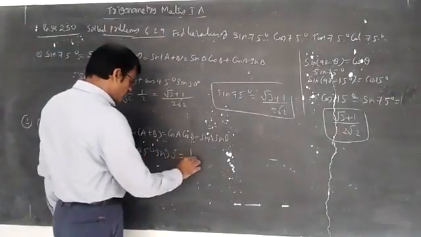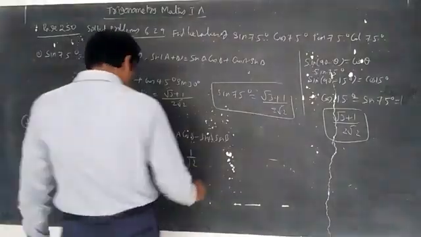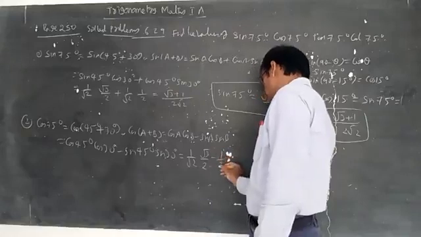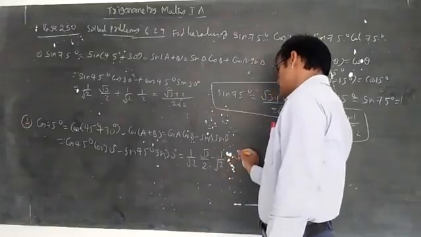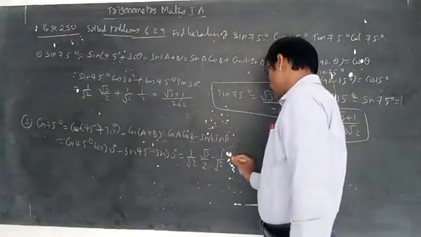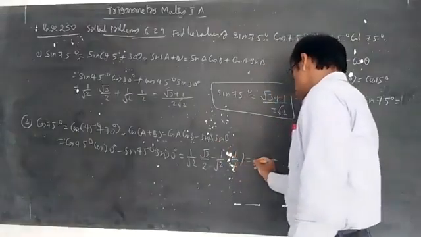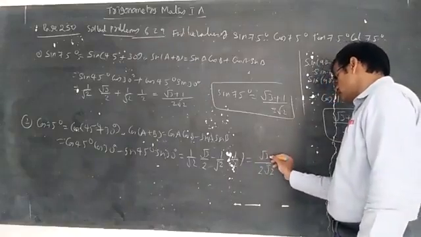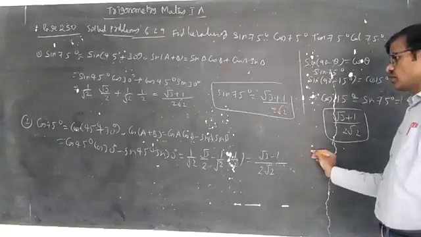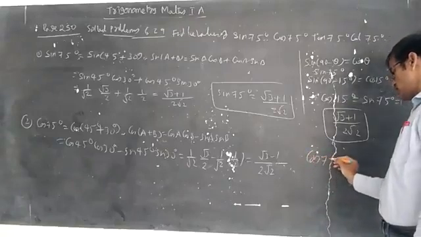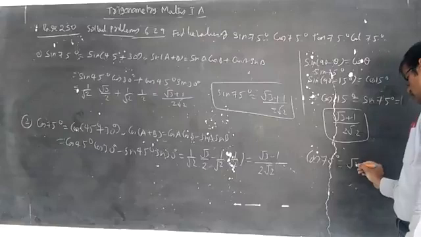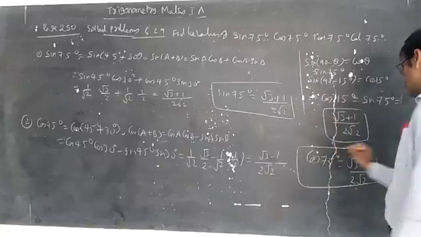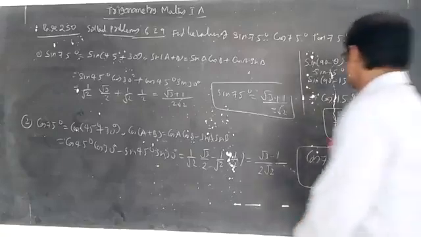Cos 45 value is 1 by root 2, cos 30 value is root 3 by 2, minus sin 45 value 1 by root 2, and sin 30 value 1 by 2. So take the LCM, it is 2 root 2, and root 3 minus 1. Therefore, cos 75 degrees is equal to (root 3 minus 1) by 2 root 2.